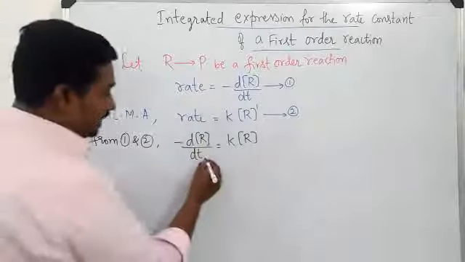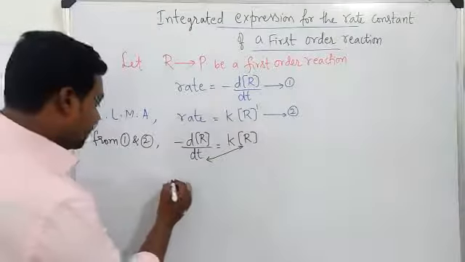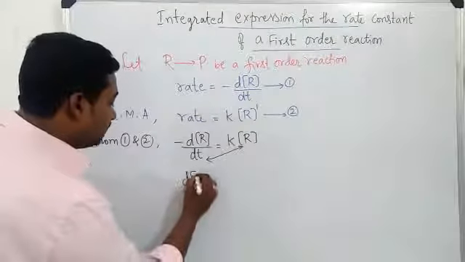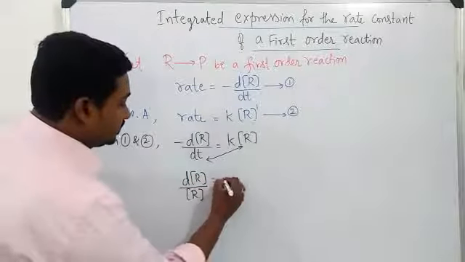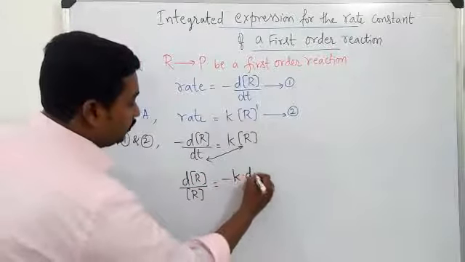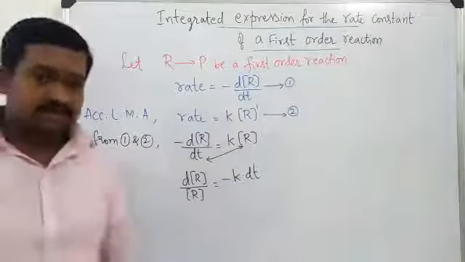I will cross multiply dt to RHS and R to LHS. So I get d of R by R equals minus K into dt. It is understood that minus was on LHS and I have sent it to RHS.